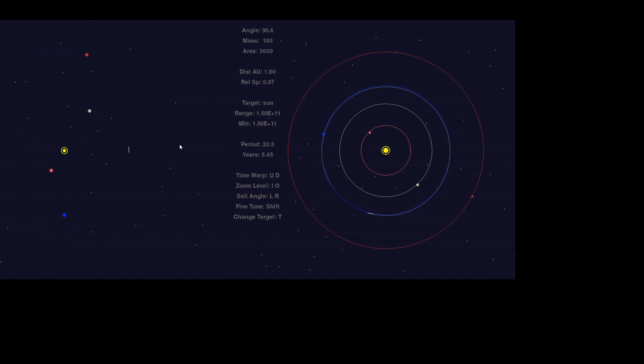But what's interesting is when I do that, the relative speed of the solar sail doesn't come out to be 1.0. It comes out to be about 0.97 or something. And so it's going a little bit slower than the Earth is.